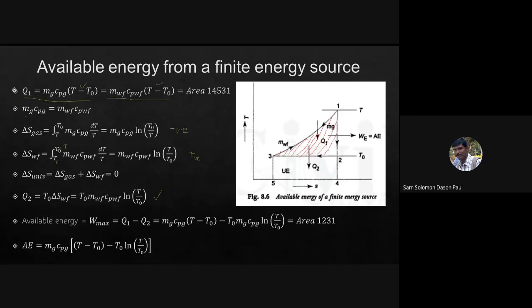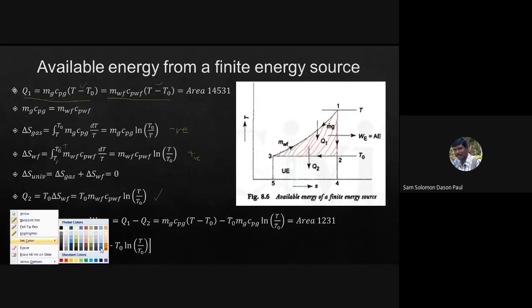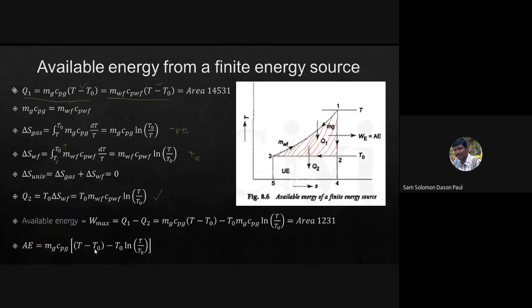So what is the unavailable energy? Can anyone tell me? Which area will be the unavailable energy? Very simple. Which area is the available energy? The available energy is area 1231. So which is the unavailable energy? It's actually mentioned in the graph itself.